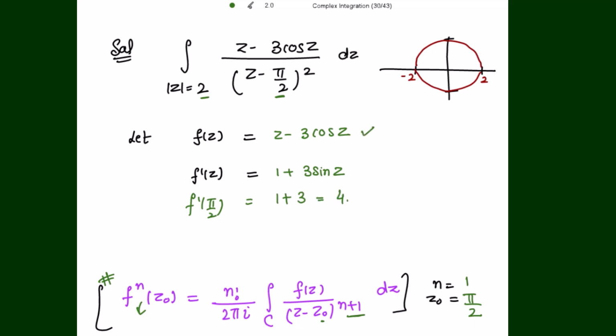Now this function is analytic within the circle and on the circle, right? The derivative of this function exists at all the points within the circle and on the circle.